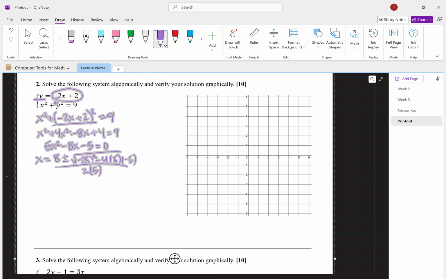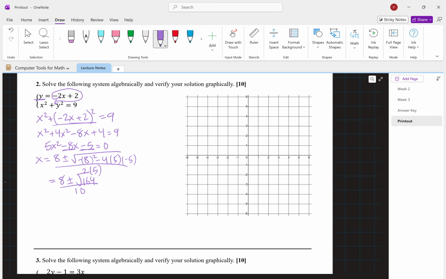Our a value is 5, as we can see. Our b value is negative 8, and our c value is negative 5. So if we plug that all into the quadratic formula and simplify this out, we get that x is equal to 8 plus or minus the square root of 164 over 10.